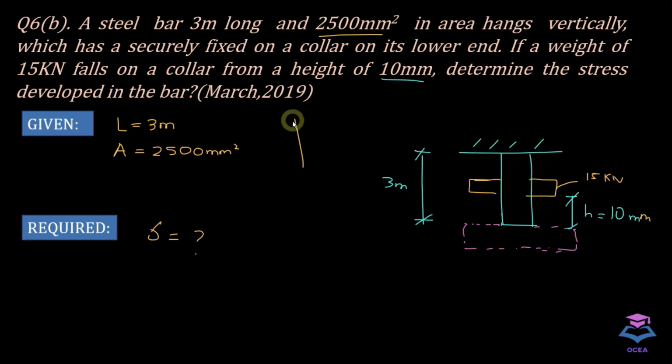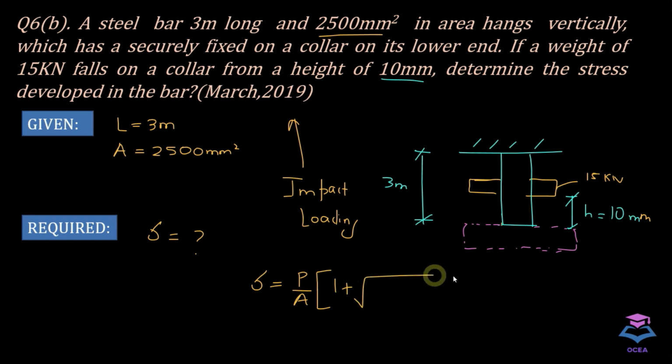So this question is basically a case of stress induced in the bar due to impact loading or sudden loading. We can see here that this 15 kilonewton weight is dropped from a height of 10 millimeter on a collar suddenly, and we have an expression which can be used to calculate stress induced in a bar due to sudden loading, and it's equal to P upon A bracket 1 plus root 1 plus 2AEH upon PL.